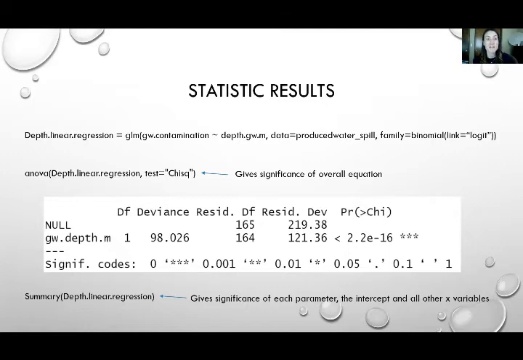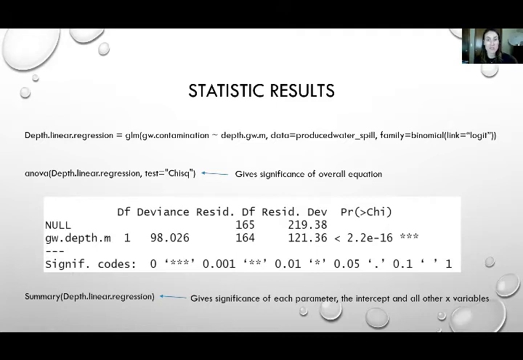So you would have to ask for the ANOVA, and that would tell you the overall significance of the equation. It would tell you if your predictor variable is adequately and statistically significantly predicting your response variable. When we look at those results, it doesn't give you the parameter estimates or anything like that.